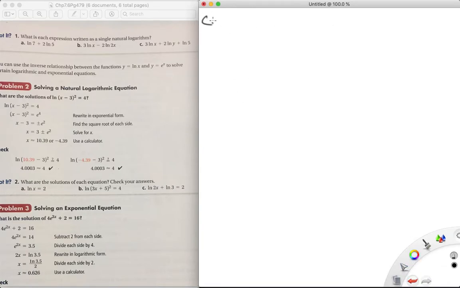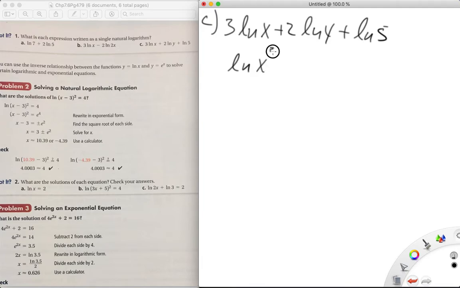And then the other one, we have 3 ln of x plus 2 ln of y plus ln of 5. So that's ln x to the third plus ln y squared plus ln 5.